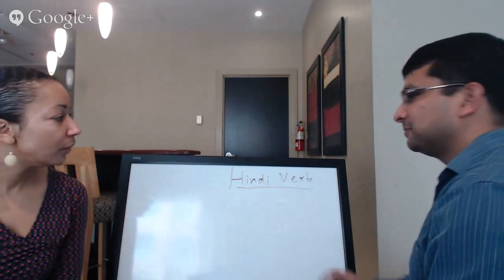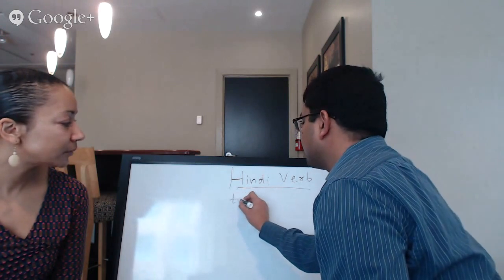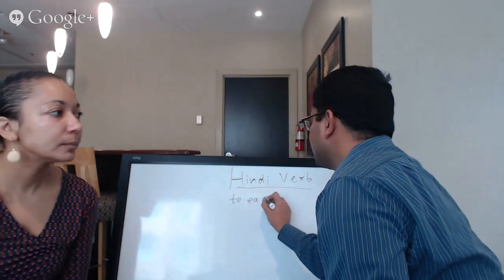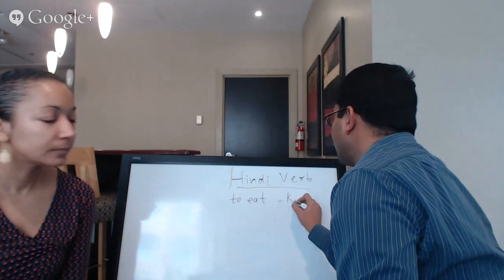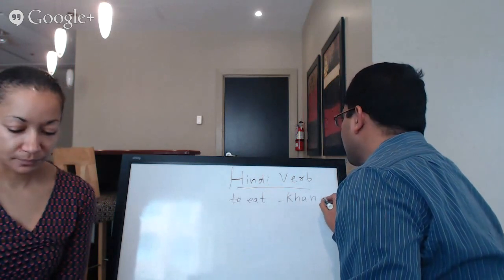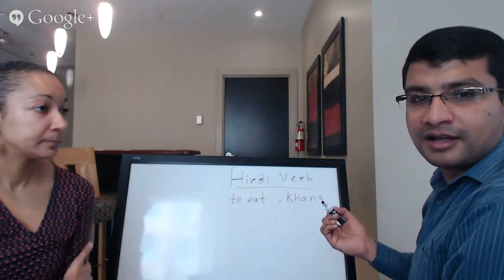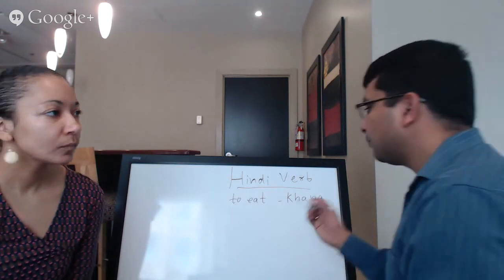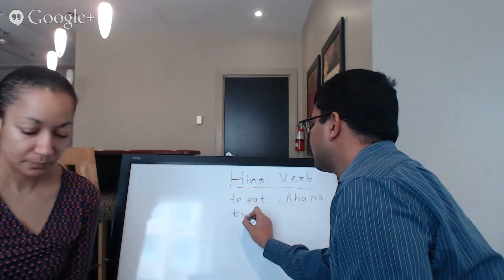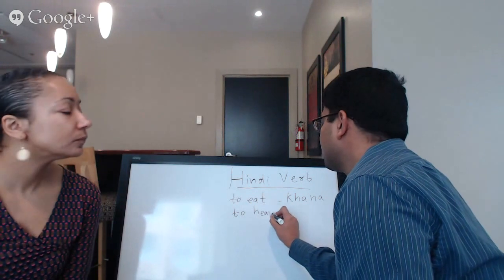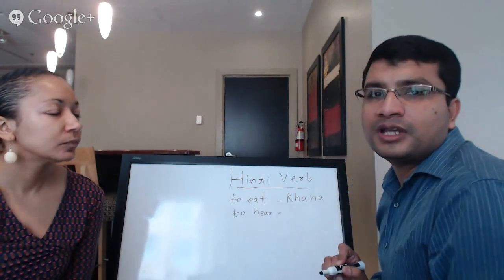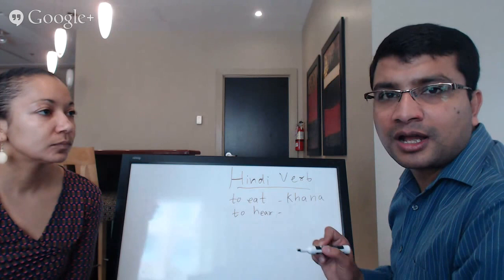More verbs. What about to eat? To eat is khana. Khana. Okay. More verbs. To hear. To hear is sunana.